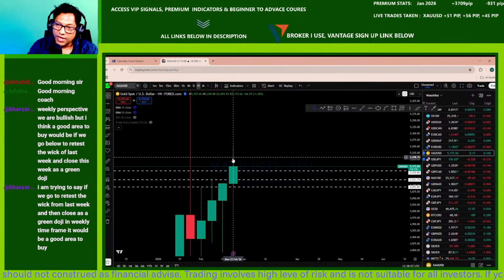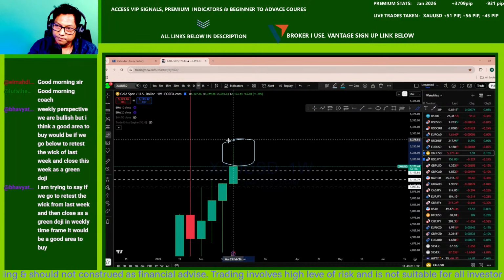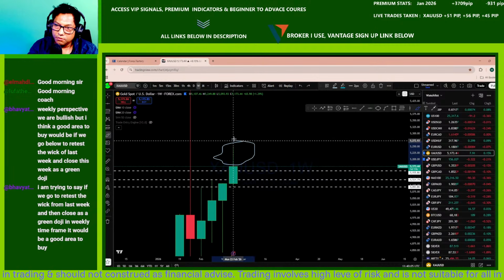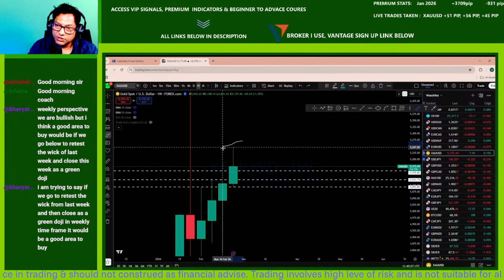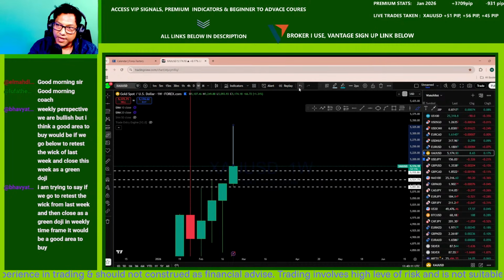The market already has created a long wick here in that area, if you look at. And that long wick had an imbalance in the market, right?